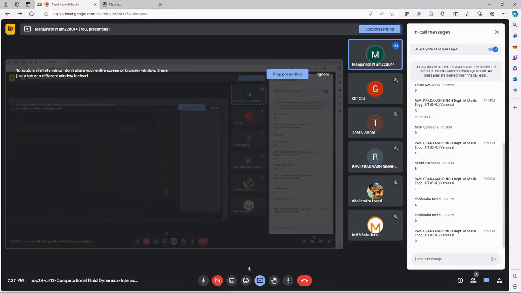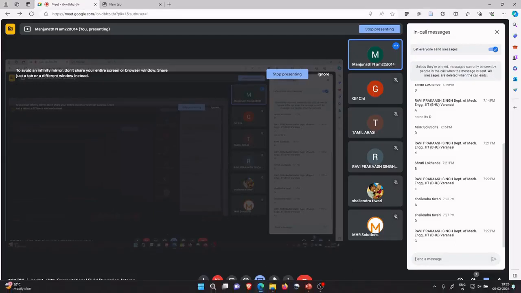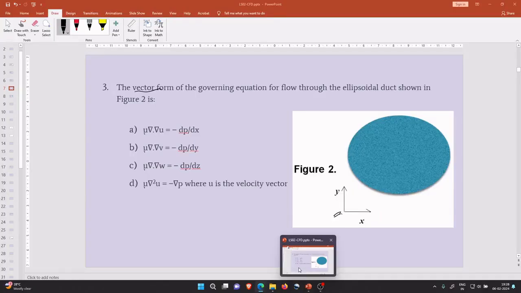One answer is C. Please don't be shy in answering. It's only for your benefit. Even if your answer is wrong, it will be easier for you to remember it. One person has answered C. Please answer others also.